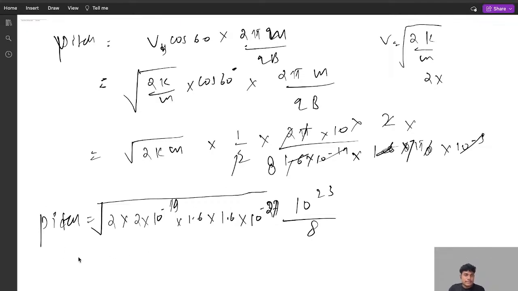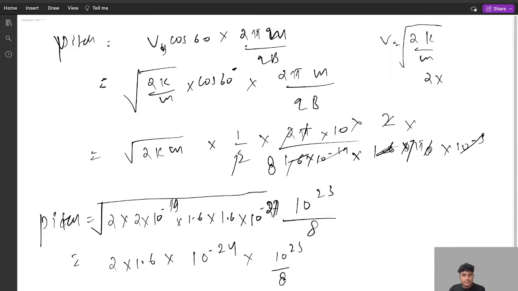So do you understand this? And now if we calculate, this is 4, that is 2 into 1.6 times this, into 10 raised to power minus 27 and minus 19. That is 10 raised to power minus 24 into 10 raised to power 23 upon 8, right?